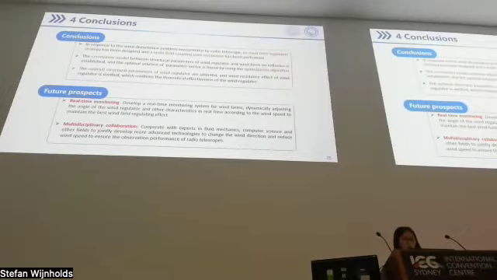Multidisciplinary collaboration. Cooperate with experts in fluid mechanics, computer science, and other fields to jointly develop more advanced technology to change the wind direction and reduce wind speed to ensure the observation performance of radio telescopes.